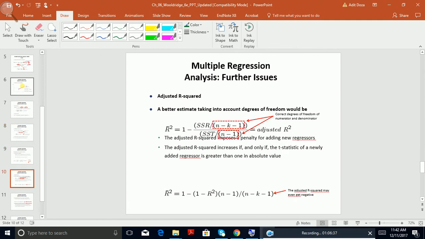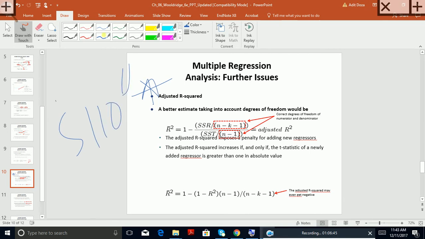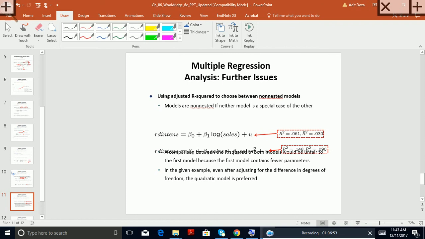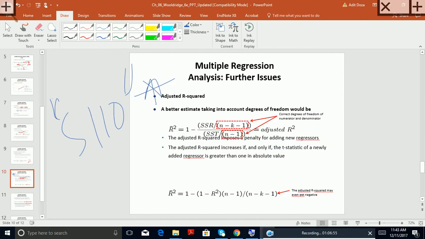So they talk about the interaction terms, the adjusted R square. Okay, what is an adjusted R square? Slide 10. You guys need to know the adjusted R square. This should be in your formula sheet. Right? What does an adjusted R square do?